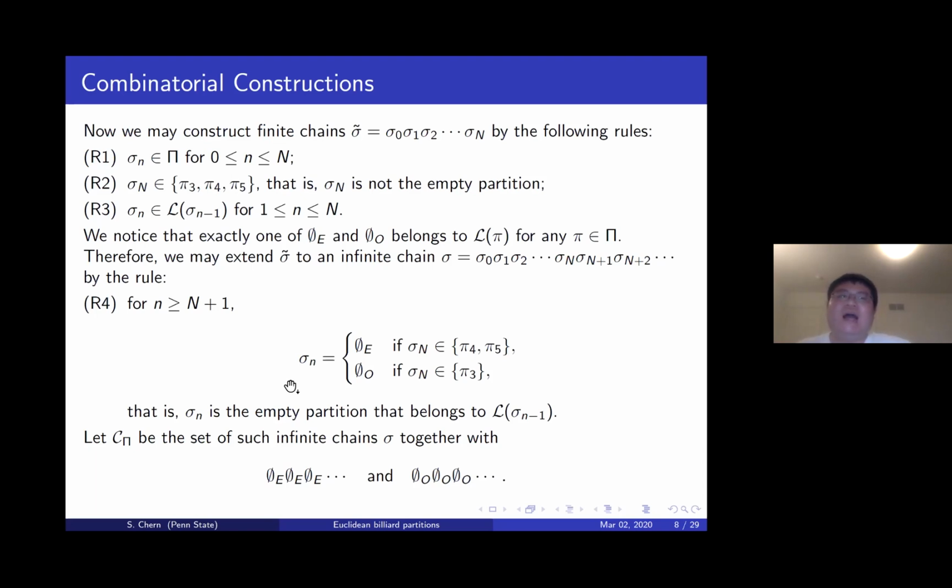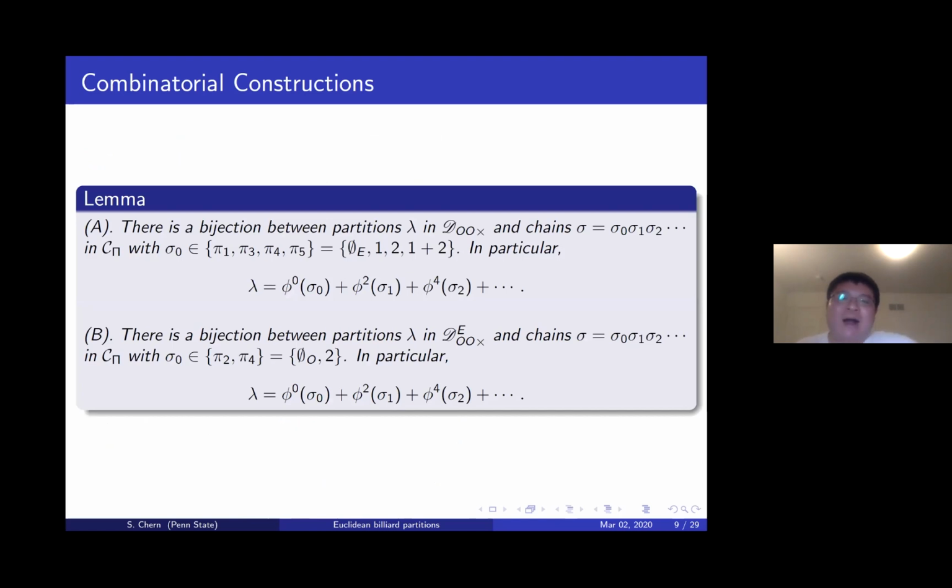So we still have the third restriction, even if we extend this finite chain to an infinite chain. And then we can just include the 2 infinite chains, empty sub E, etc., or empty sub O, etc., to this set, and then we collect all these infinite chains as a set C sub capital pi.